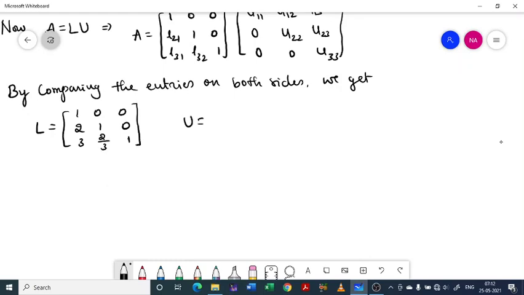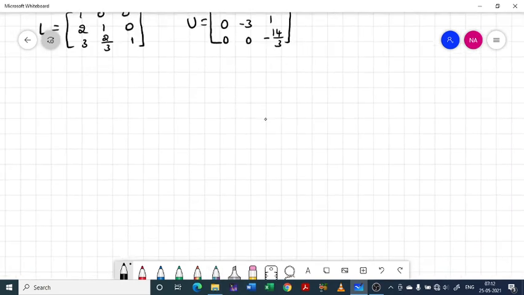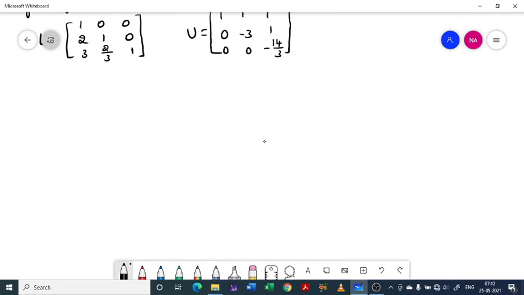U equal to 1 1 1, 0 minus 3 1, 0 0 minus 14 by 3. So these are the two matrices you have to get, that I have skipped here just to save time.